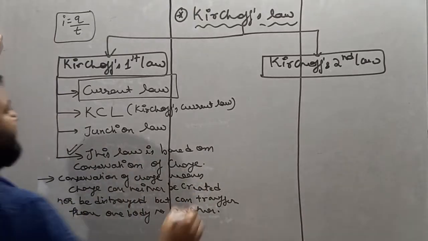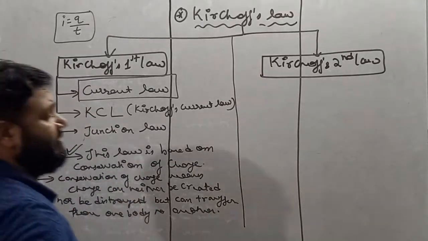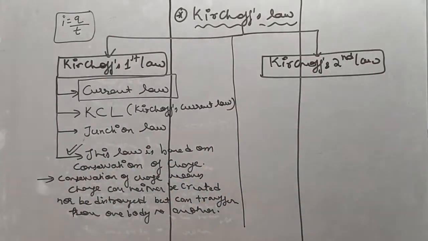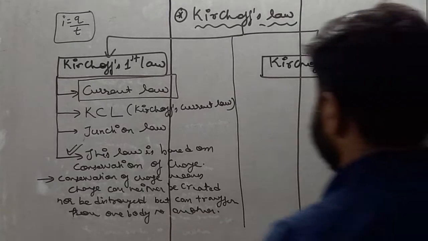So my dear student, remember this. This is all about Kirchhoff's first law. Kirchhoff's first law is also called Kirchhoff's current law, in short KCL. This law is also called the junction law, and it is based on conservation of charge.